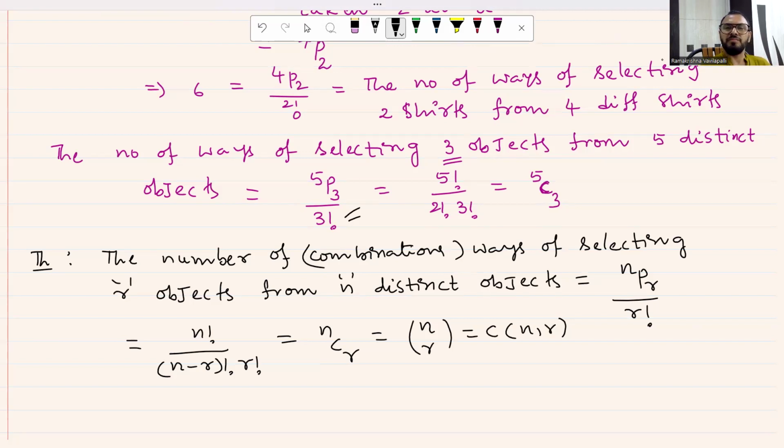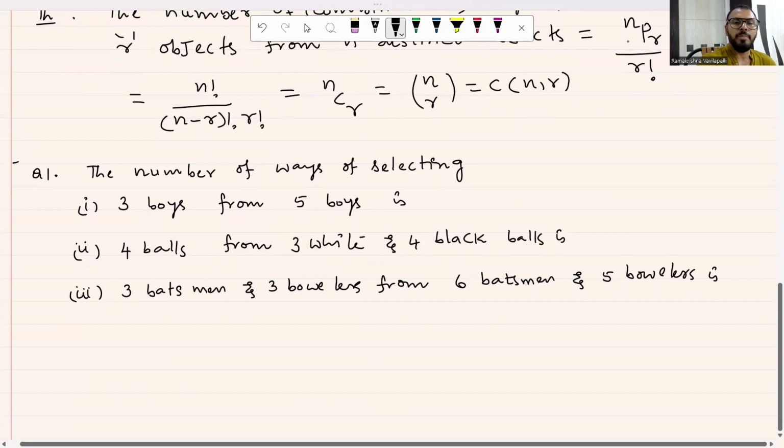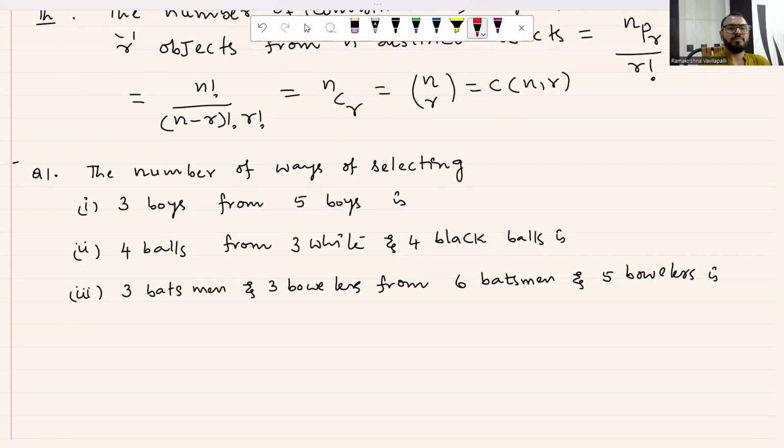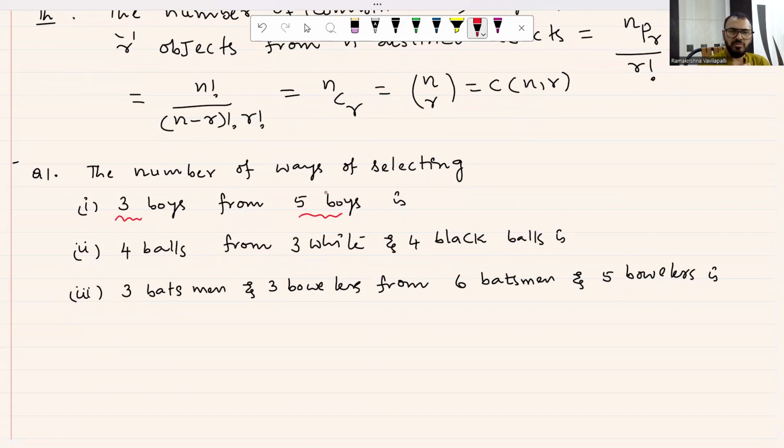First question. Here are a few examples based on the number of ways of selecting R objects from n dissimilar objects. What is the number of ways of selecting 3 boys out of 5 boys? Instead of objects, we have taken particular things, that is boys.